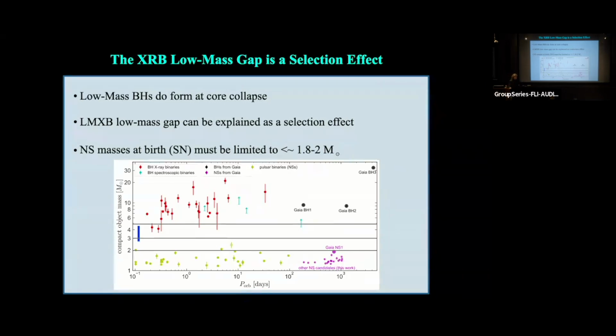Having said that, if it's above the Eddington limit, you're losing mass, you're allowing for non-conservative mass transfer. If it's below the Eddington limit, we assume conservative mass transfer. We know there are disk winds, there's mass loss from disks.